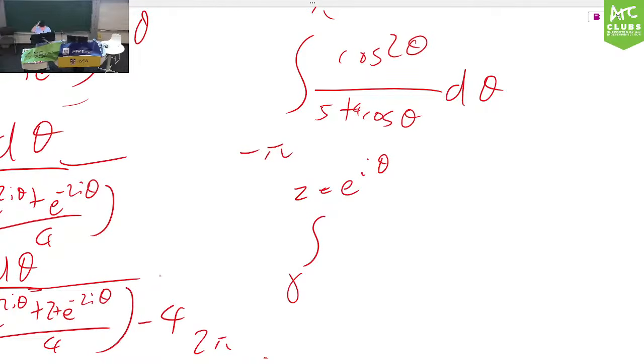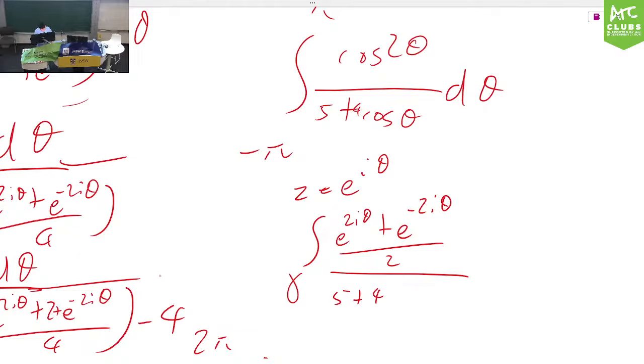Now cos 2 theta is e to the 2i theta plus its conjugate over 2, over phi plus 4. I'm going to simplify that. So 4 divided by 2, so it's just 2 times e to the i theta plus e to the minus i theta.